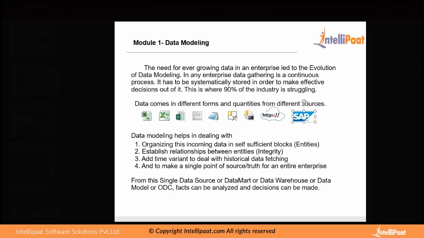So first we have to identify them. Once we identify them, later we should establish relationships between these entities. That is nothing but integrity. When we are able to identify these entities and establish relationships among them, the majority of our data modeling is done.